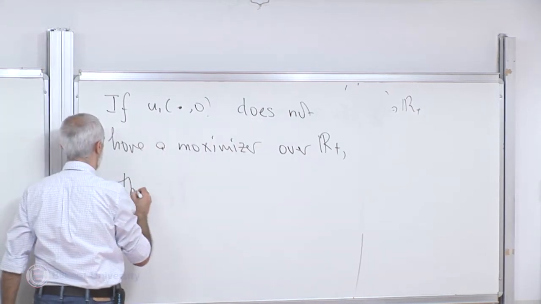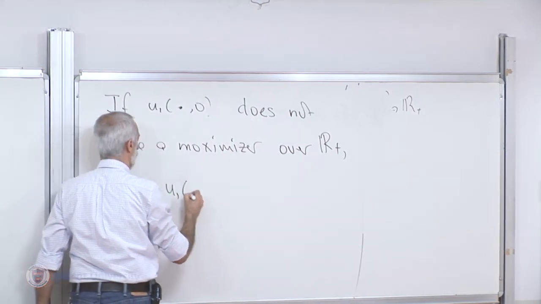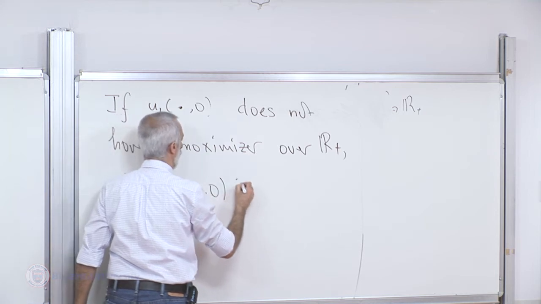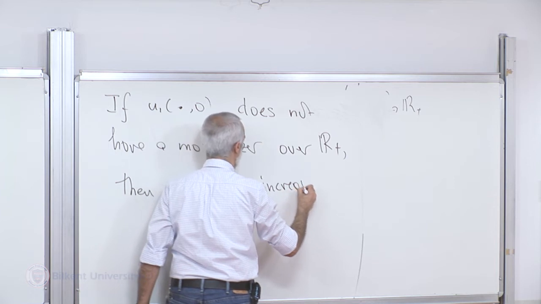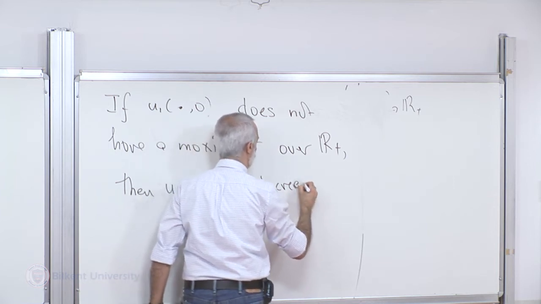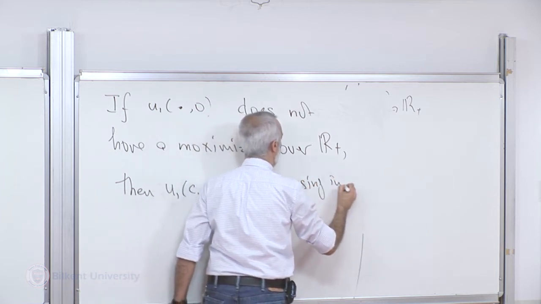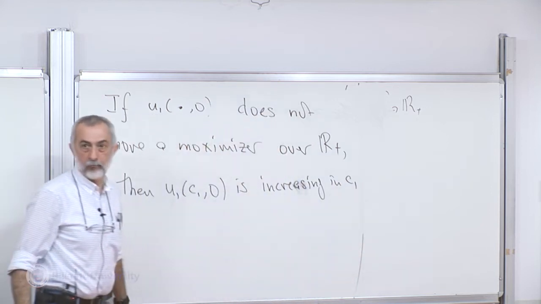Then U1 of C1, 0 is strictly increasing in C1, right?